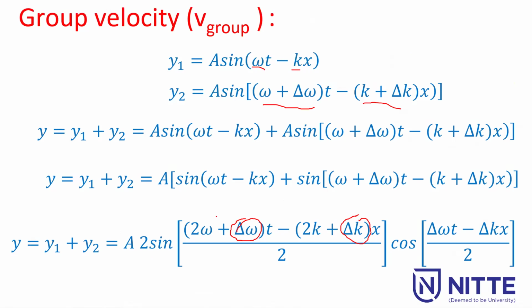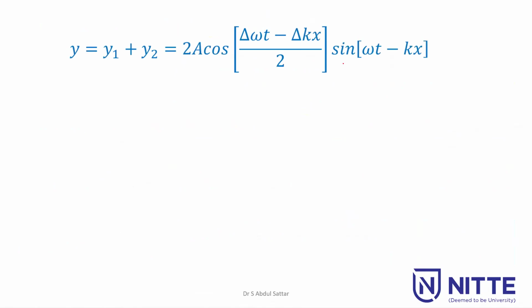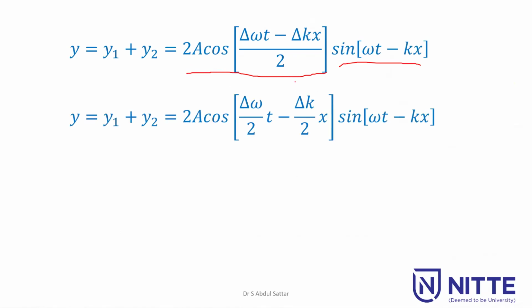This term represents the actual wave. That's why sin(omega t minus kx) is the main term here. It explains the resultant wave packet, and the other term gives the amplitude of the wave packet. In this case, the amplitude also varies; it does not remain constant.